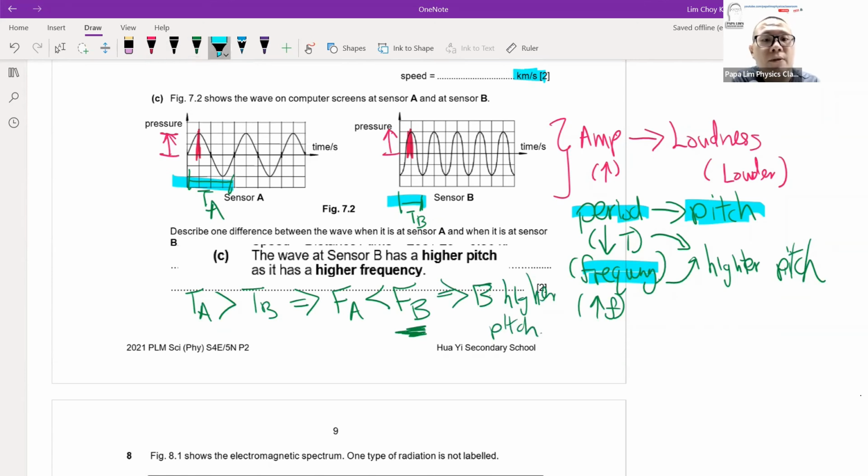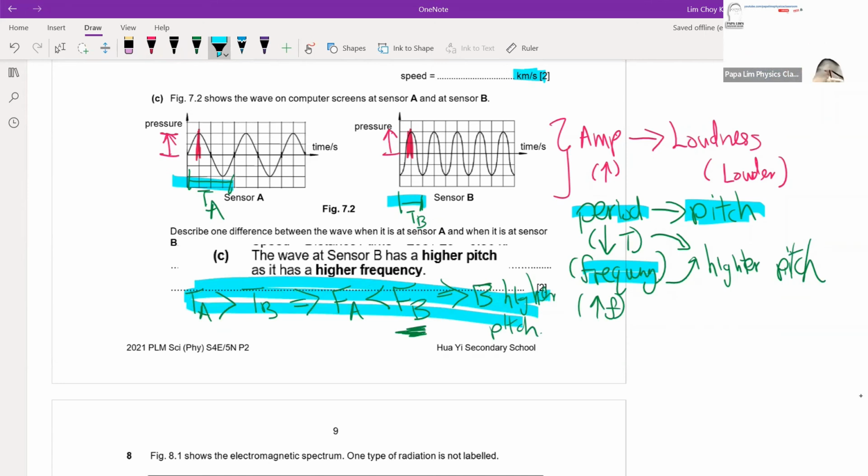This is how I infer the answer from the graph itself. Look at what the question needs you to find and what the particular topic needs you to understand. In this case, we look at amplitude, which is loudness, and we look at frequency, which is pitch.